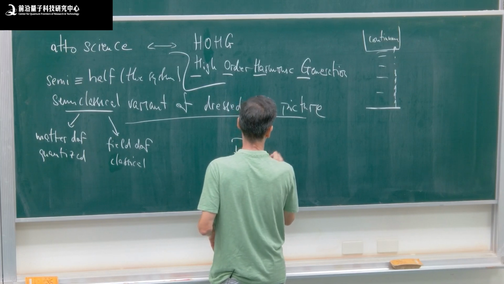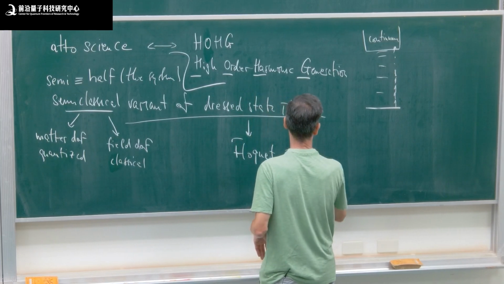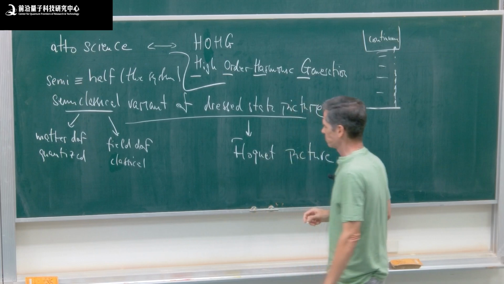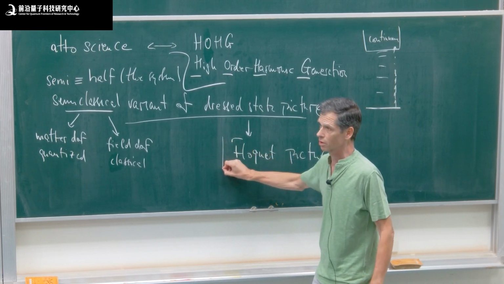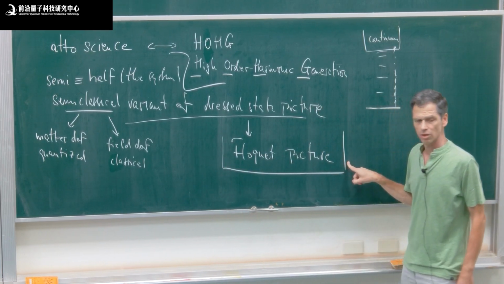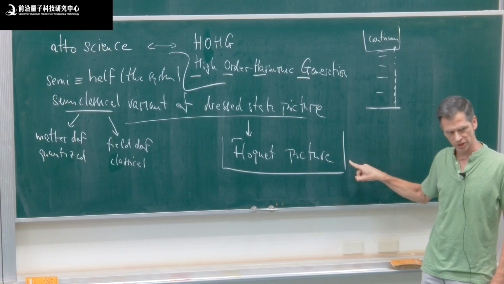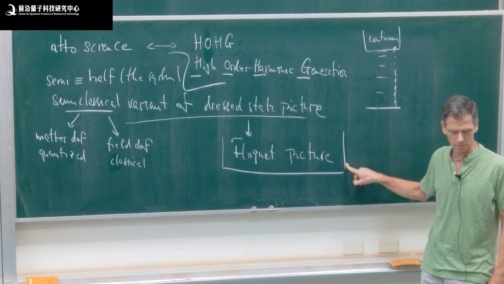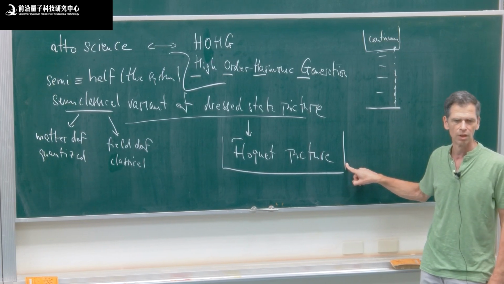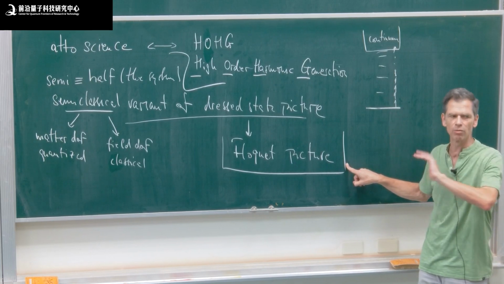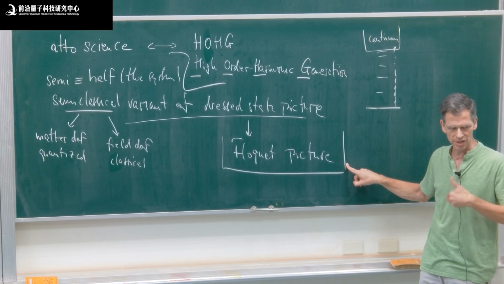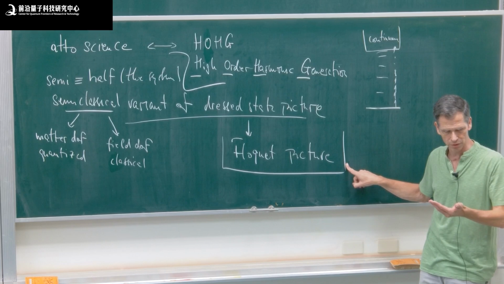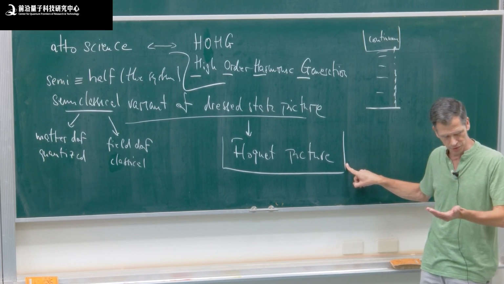Okay, we'll see. This is something which is enormously powerful in the description of light-matter interaction, irrespective of the strength of the drive, or of the frequency of the drive.